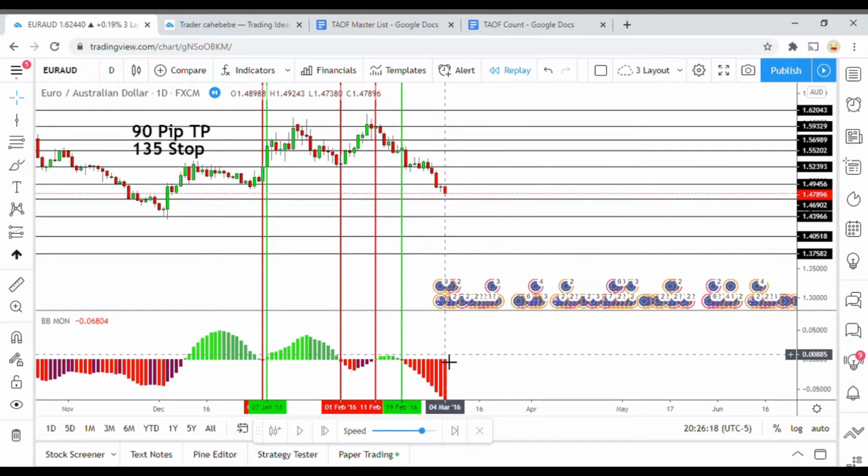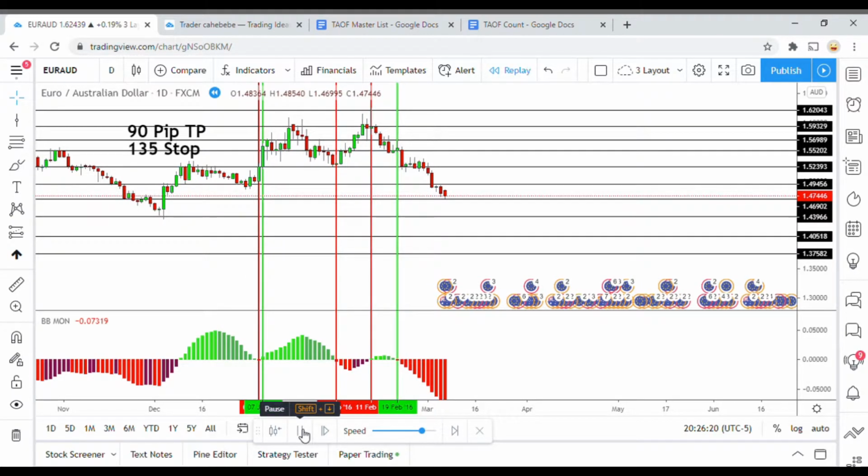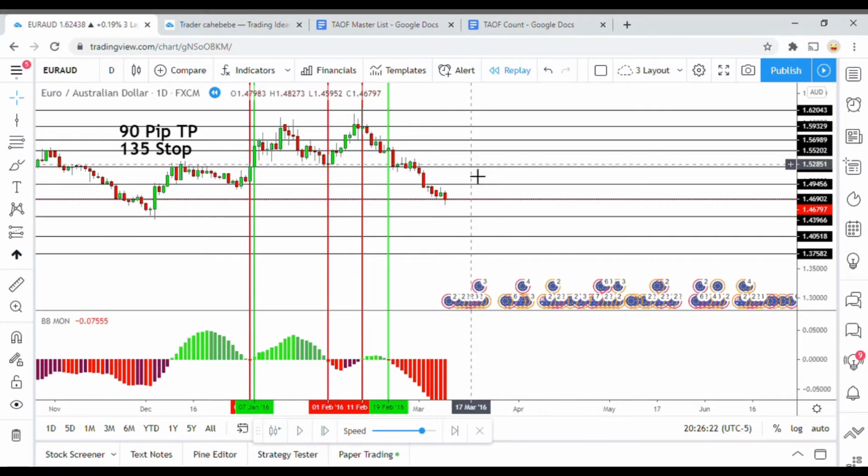Let's see here. So there was a short here. That one worked out for us. And let's see what happens when it gets down here to kind of this far leg. This is the kind of move that I prefer to look for. We've had a strong push in one direction, many days.